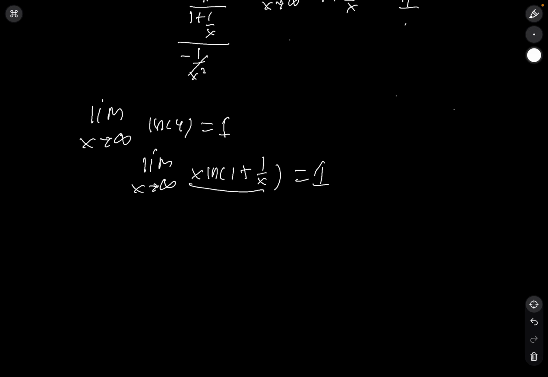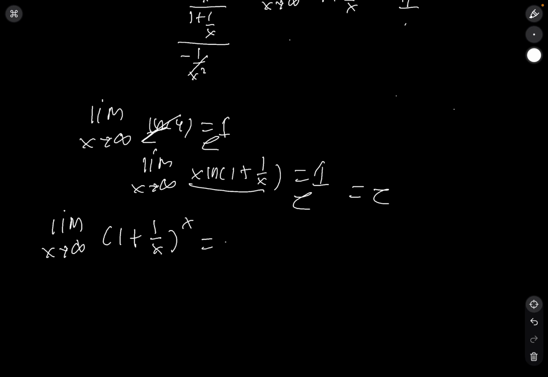You just do the power, which is e, and then it cancels out. And so then we see that e raised to the first power is just equal to e. So therefore, limit as x approaches infinity of 1 plus 1 over x to the x is just equal to e.